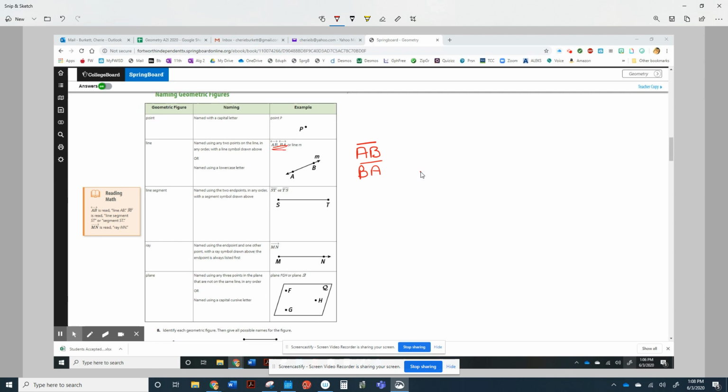And you also cannot, this is something that students do, they mix the lowercase m and one of the points, like MA. You can't do that. If you're going to use a lowercase letter, you do not combine it with a point. Also, this lowercase m, I know you can't see it because I don't know why they chose this font.